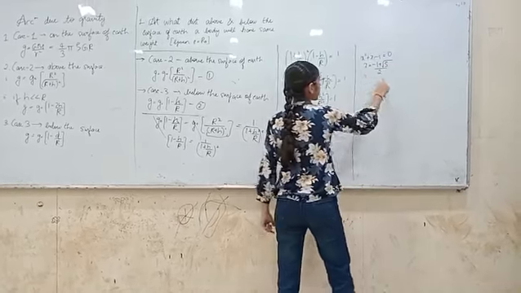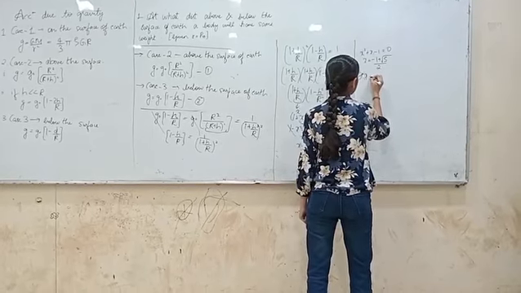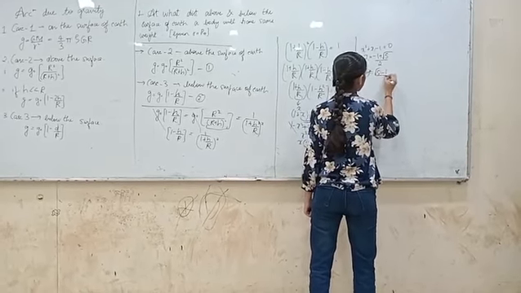It becomes a quadratic equation, we can solve this and we get x is equal to (root 5 minus 1) by 2.